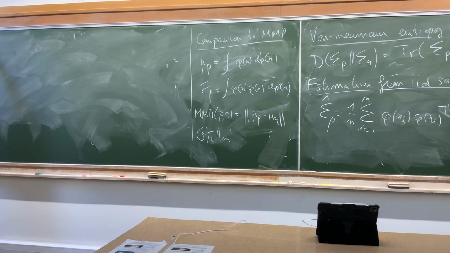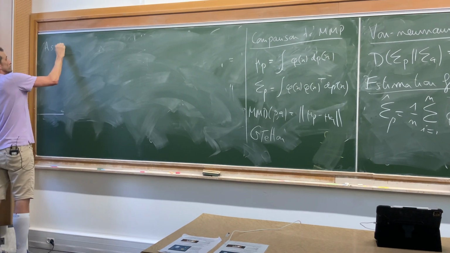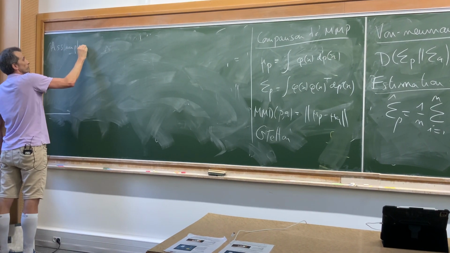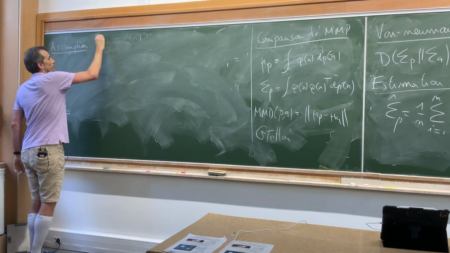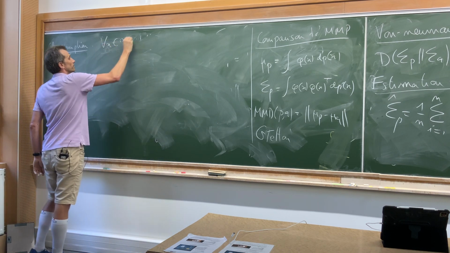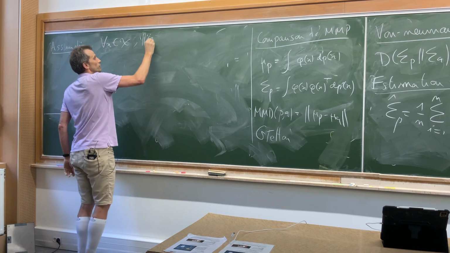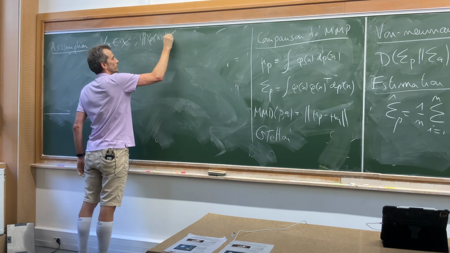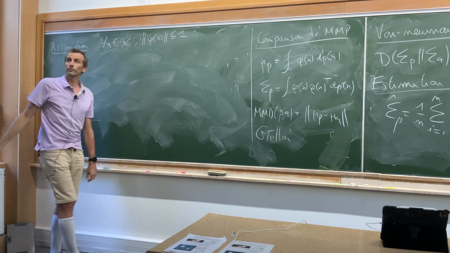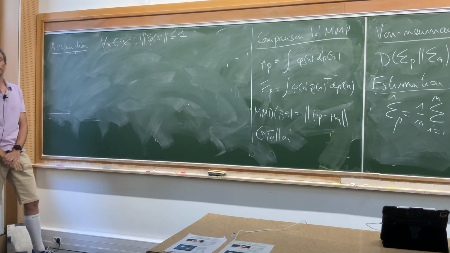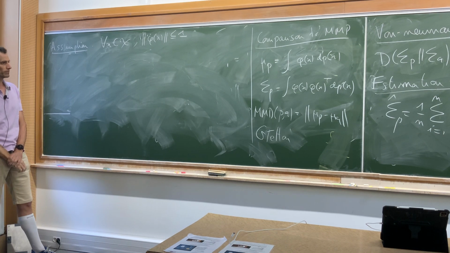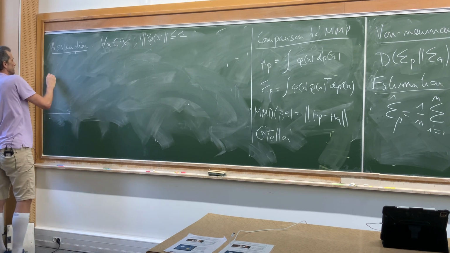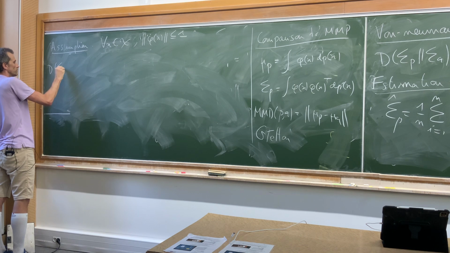So the assumption, a single assumption here, is that for all x in my set, the norm of the features is less than 1. I'm just assuming bounded features with norm less than 1. So let's look at d of sigma p, sigma q.